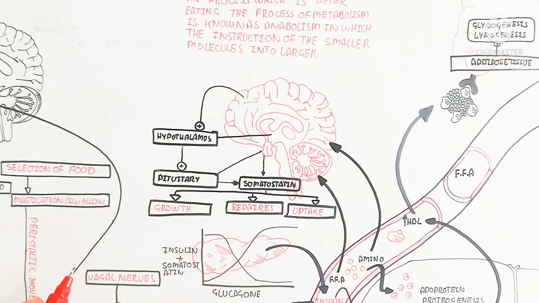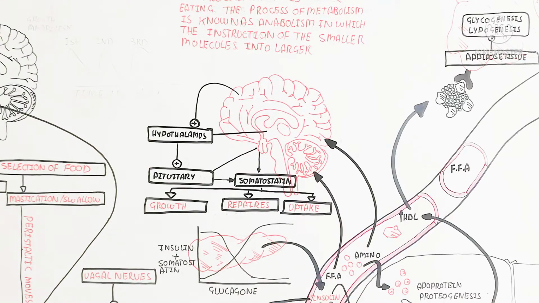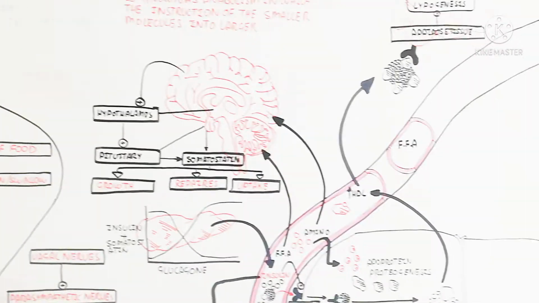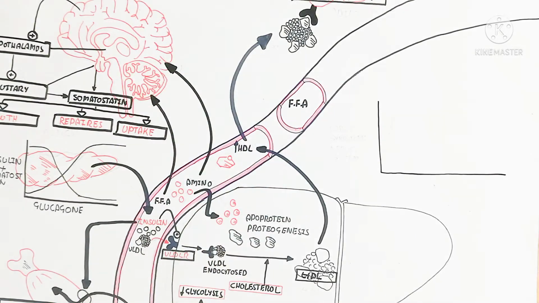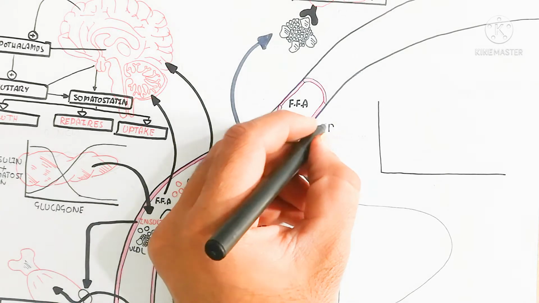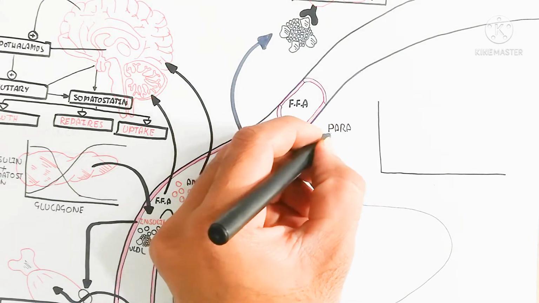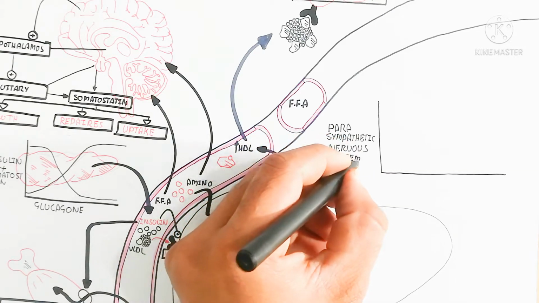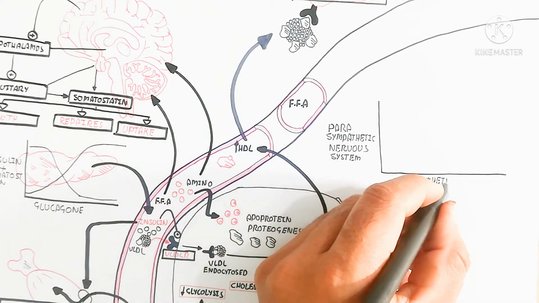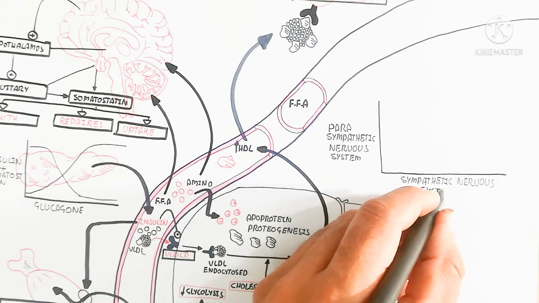This somatostatin increases growth factor, insulin like growth factor 1 and insulin like growth factor 2, and repair, uptake and growth will occur through somatostatin. The important thing is about the parasympathetic nervous system and sympathetic nervous system.